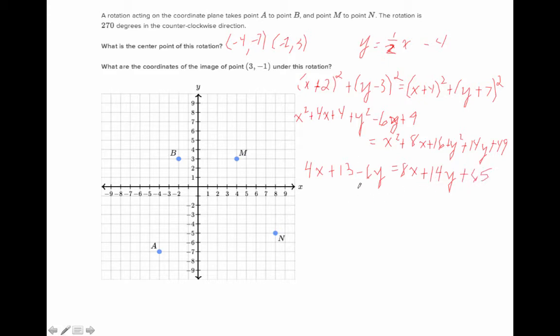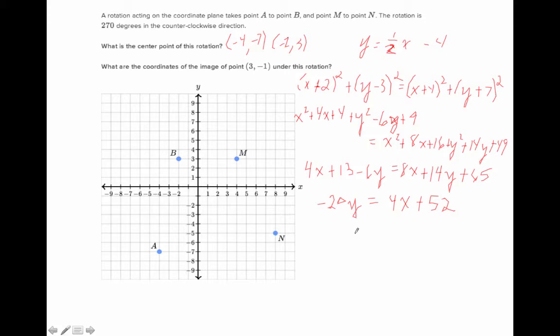We can subtract 14y over there, so minus 20y, and then we can subtract 4x and subtract 13.